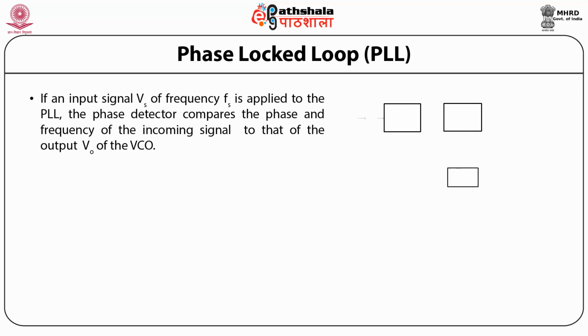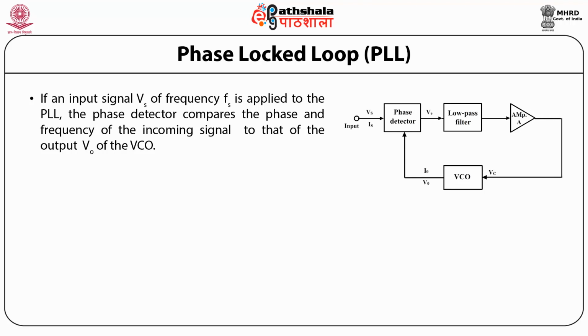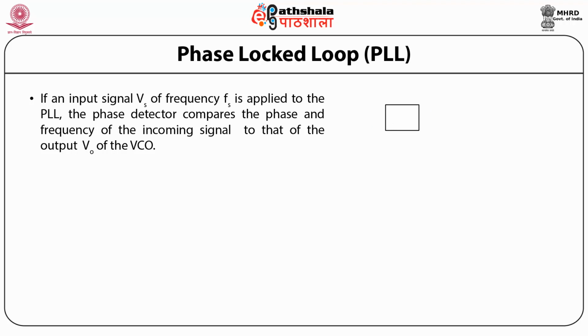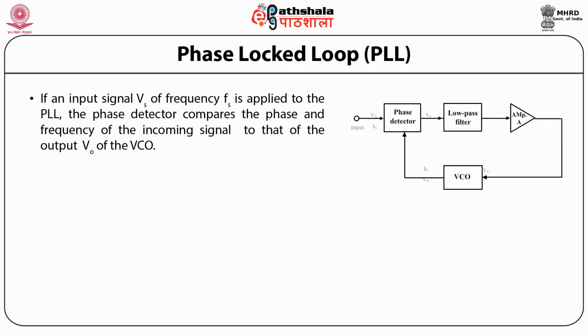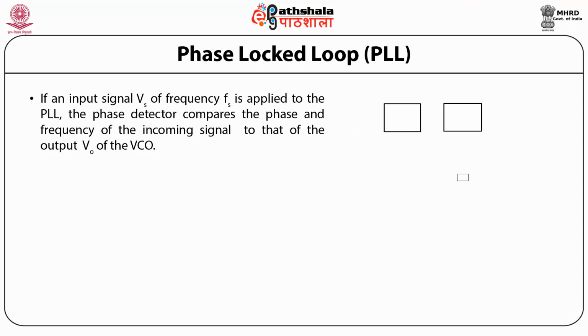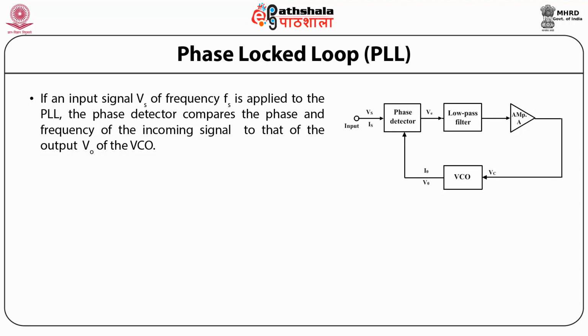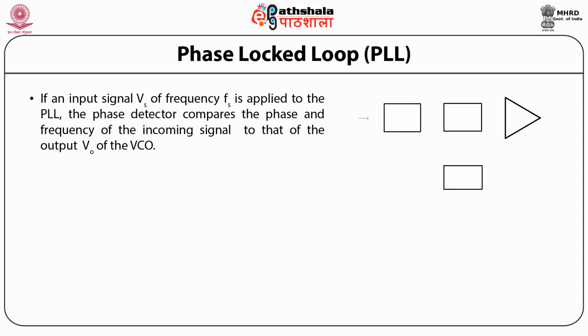If an input signal Vs of frequency Fs is applied to the PLL, the phase detector compares the phase and the frequency of the incoming signal to that of the output Vo of the VCO. If the two signals differ in frequency or in phase, an error voltage Ve is generated.